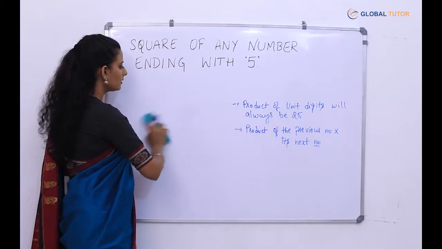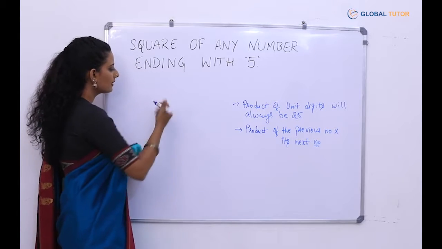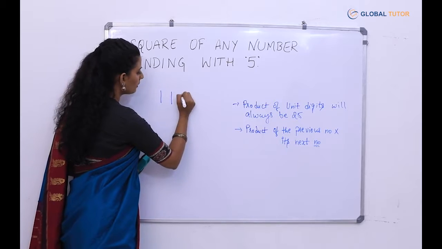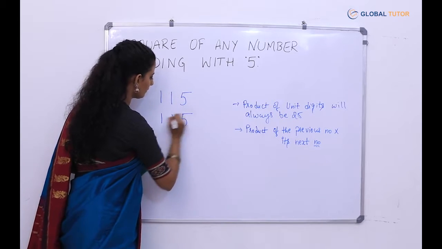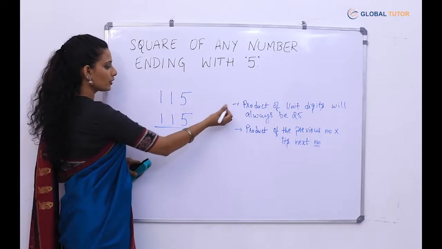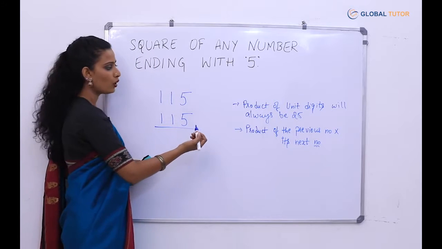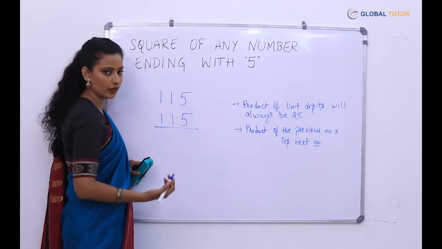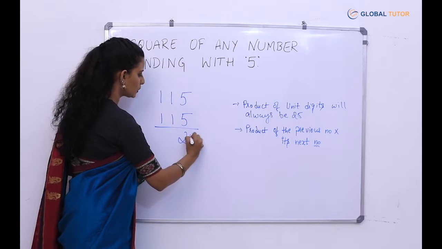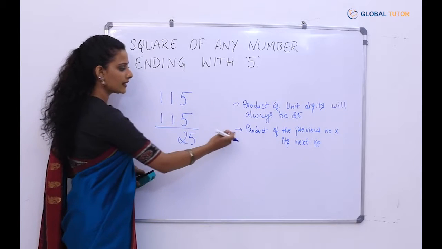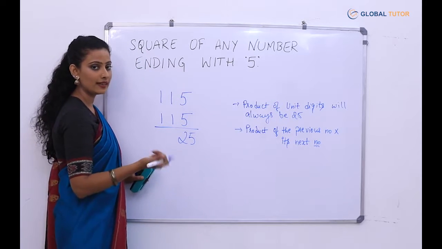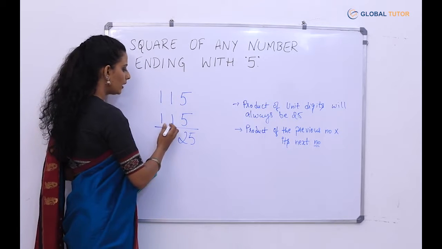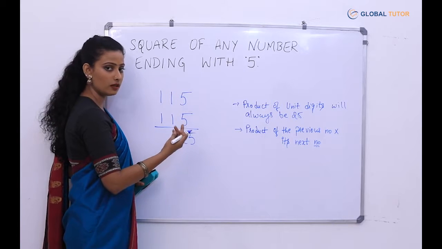Now let us see a little bigger number. Let's take 115 into 115. What's the first step? The product of the unit digits will always be 25. Then the second step is the product of the previous number into its next number, which is 11 into its next number, 12.